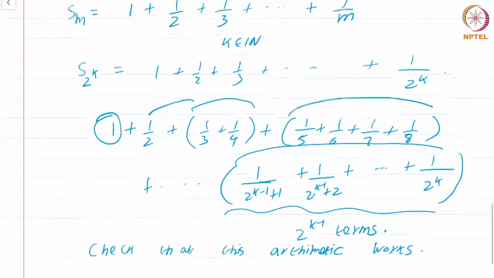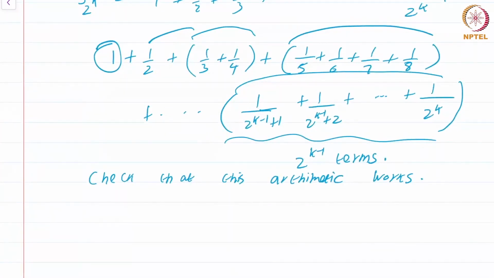Okay, now what is the moral of the story? I want to make this term greater than something and show that what it's greater than diverges to infinity. So I want to get a greater than bound. I'll have to make each one of these terms smaller, not larger.